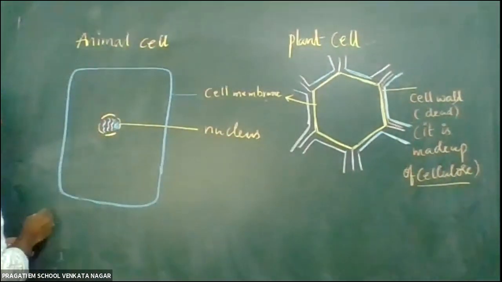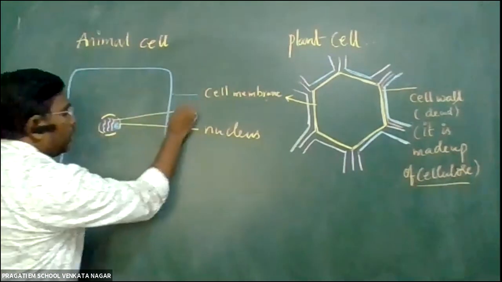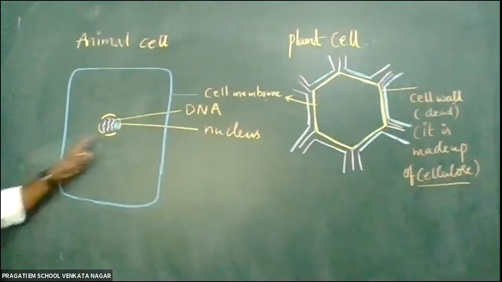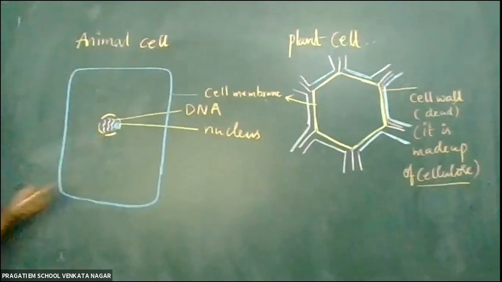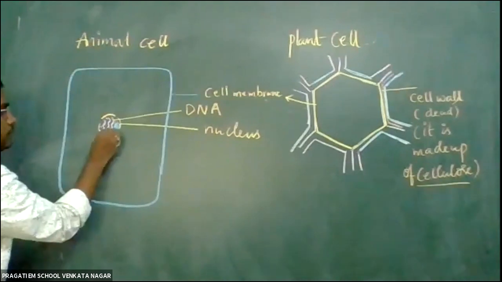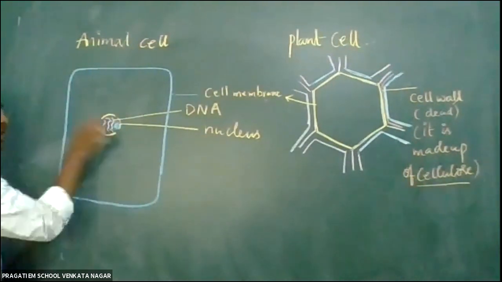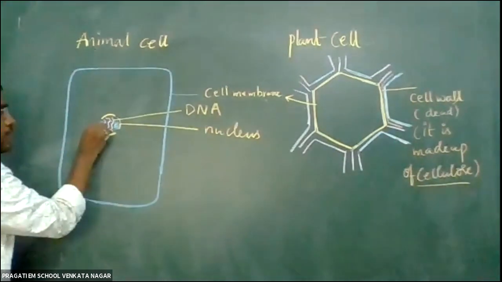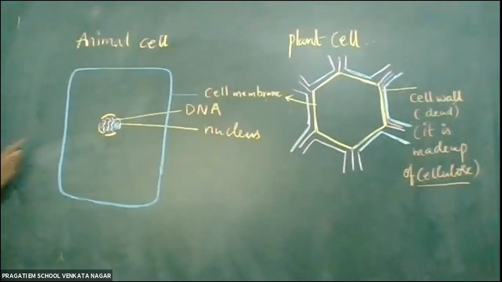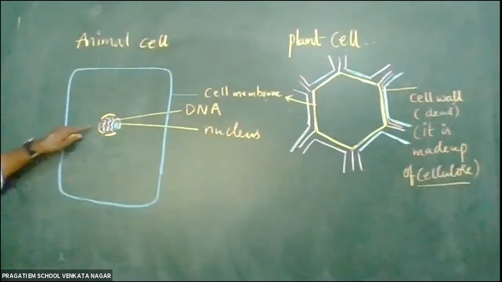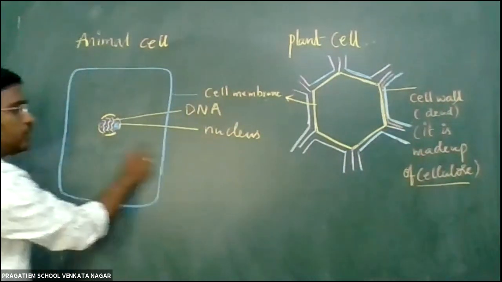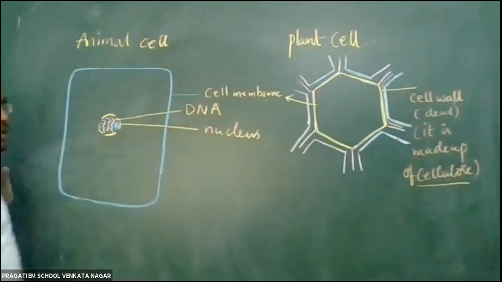In this nucleus, we can find a genetical material called DNA, which contains the nucleolus and also liquid matter. The nucleus has a liquid matter called nucleoplasm. It is not necessary for this class. So the basic component is the nucleus. Please note down nucleus and genetical material DNA.